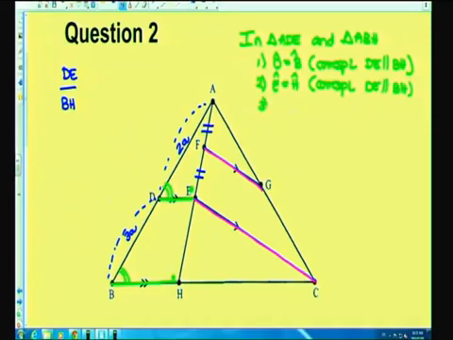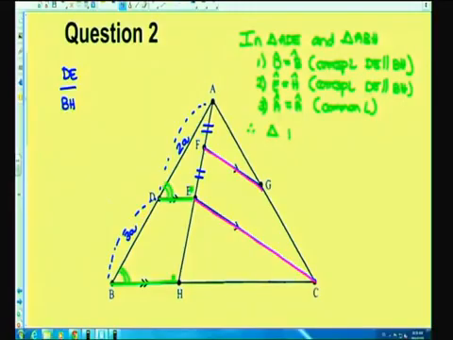And then the third angle, remember, is automatic, but the third angle is the shared angle. So A equals A, and I'm actually going to put their common angle. You could write third angle of triangle. Therefore, triangle, and remember what I said to you, if we've been careful and we've put our facts underneath the right triangles, we can actually take our order straight off our work. So we can go DEA is similar to triangle BHA.